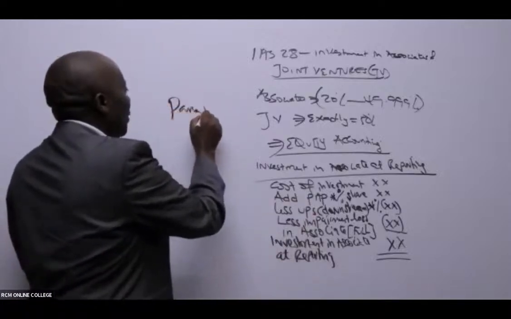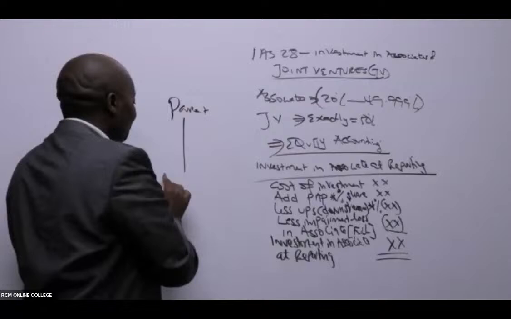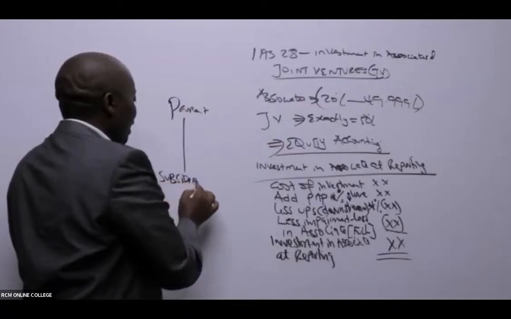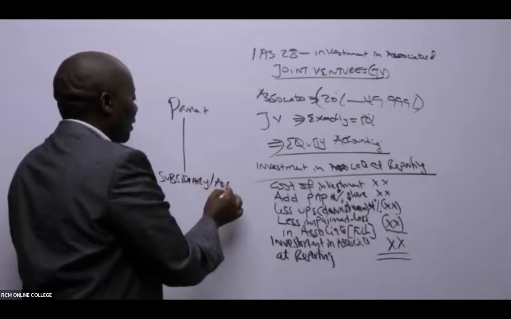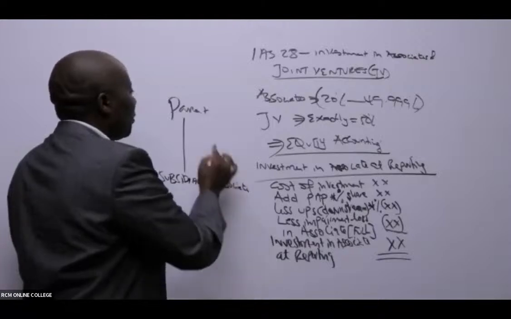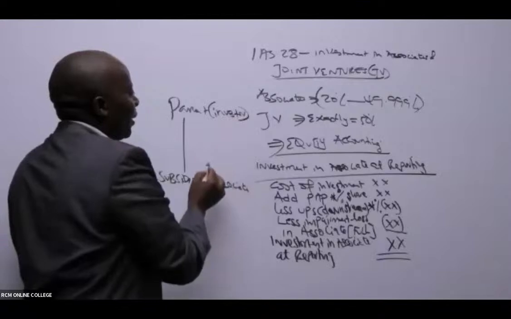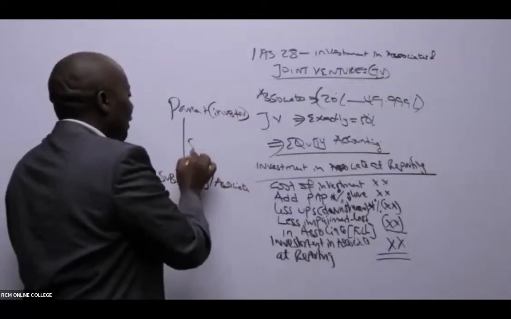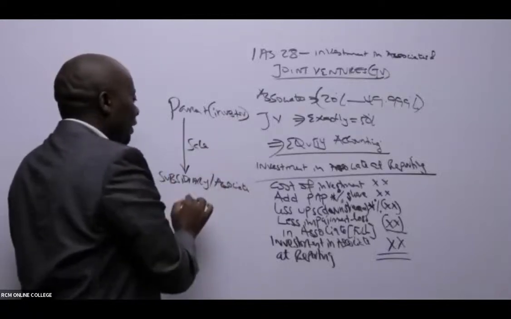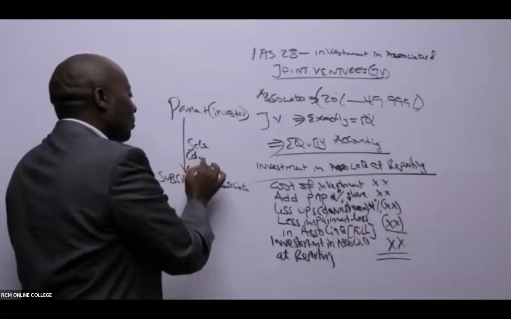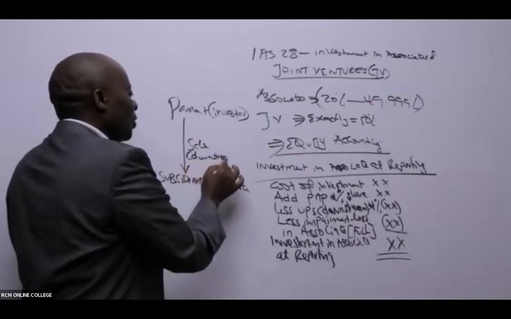We have here the parent and the subsidiary. Allow me to bring the associate here. For the associate, the parent will be called the investor. When the sale goes down like this, it is called downstream.